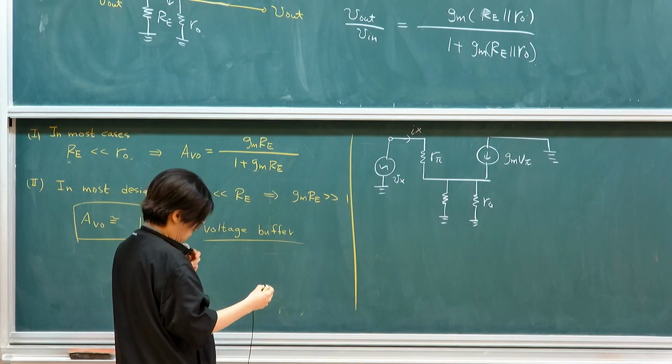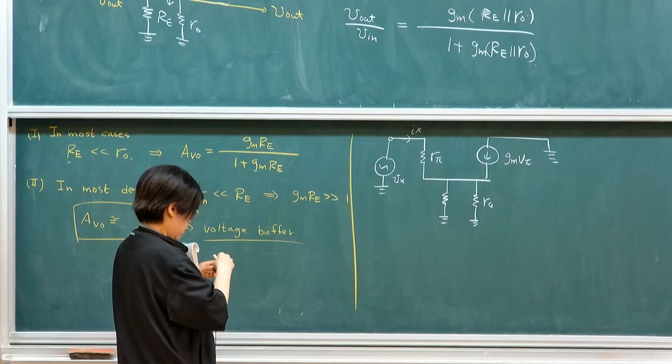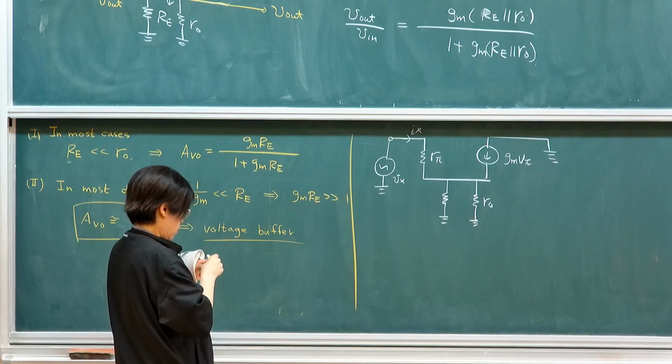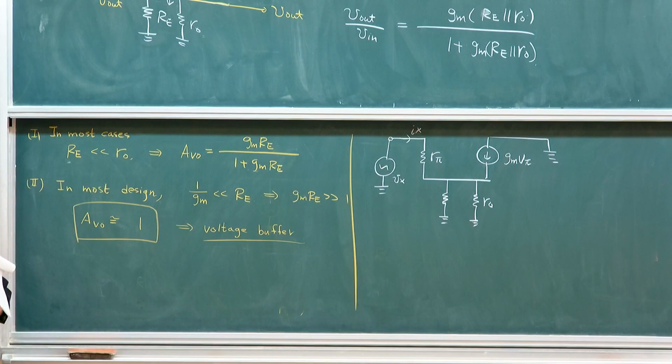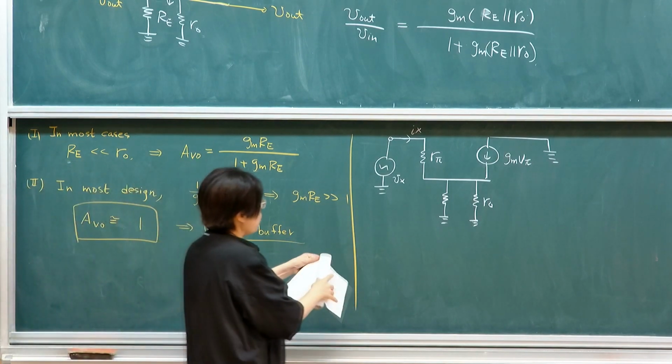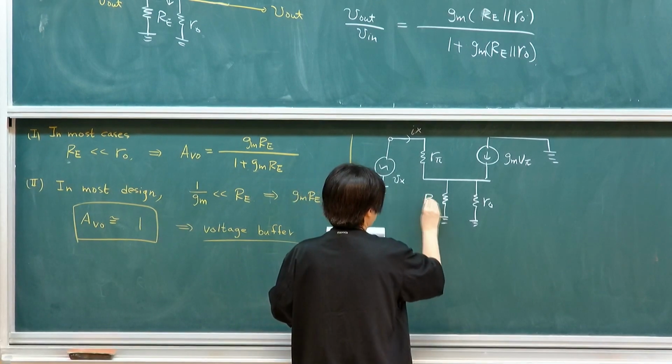Give me a second. Fix this. Okay. And this is the equivalent circuit we're using. We should be able to obtain the input resistance.